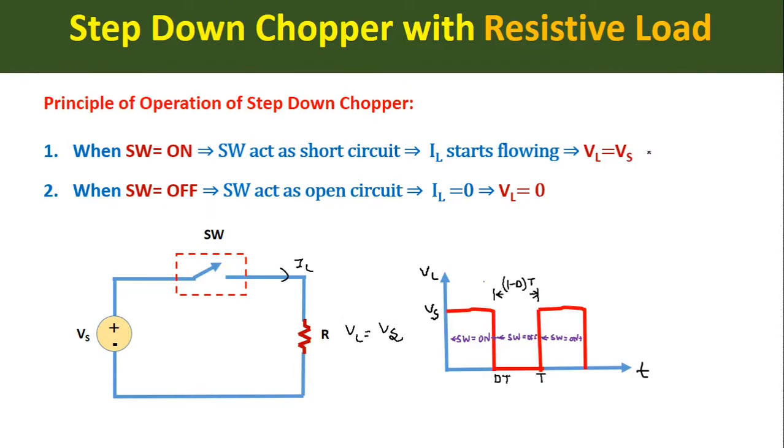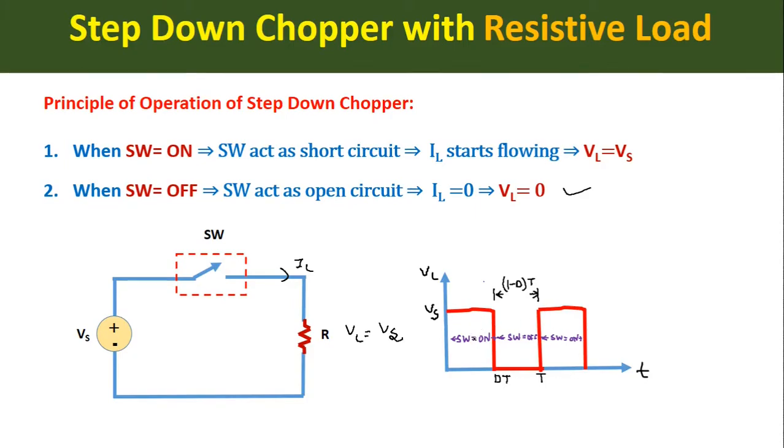Therefore, we will get VL is equal to Vs when the SW switch is on, and when the SW switch is off, then this switch will act as open circuit. Therefore, no current flows through the resistive load. The load current IL will be 0 when the SW switch is off, and the load voltage will also be equal to 0. So we are getting this type of waveform.